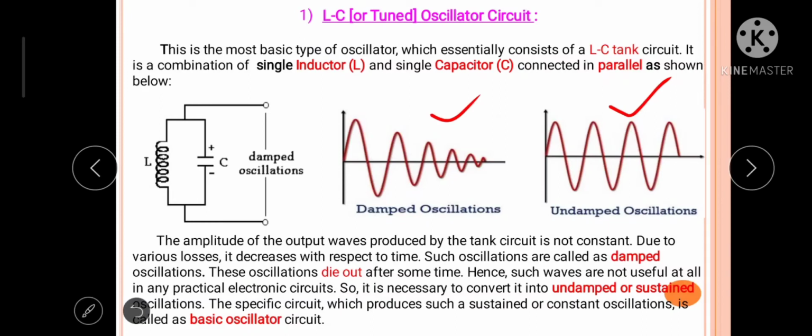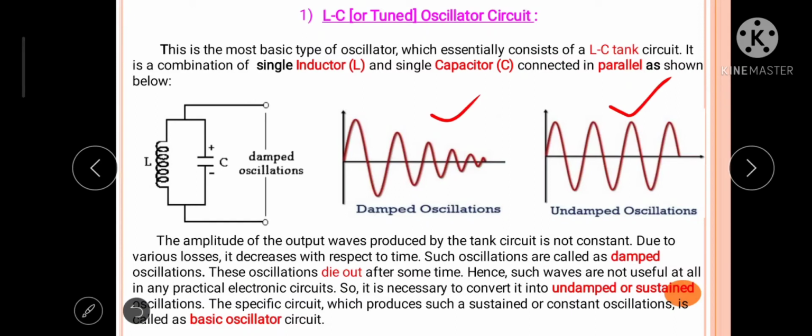The amplitude of the output waves produced by the tank circuit is not constant. Due to various losses, it decreases with respect to time. Such oscillations are called damped oscillations. These oscillations die out after some time.